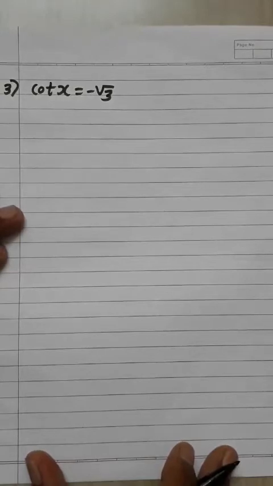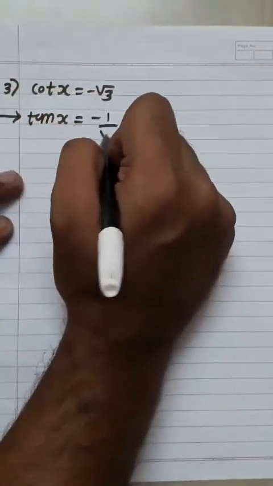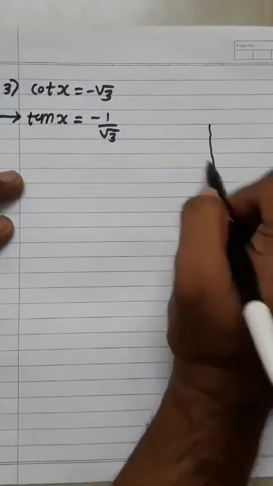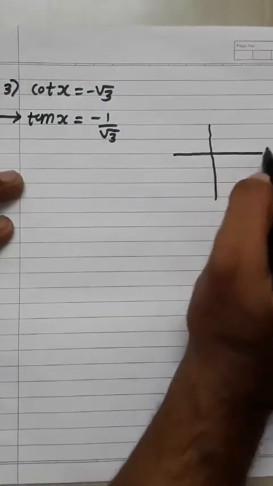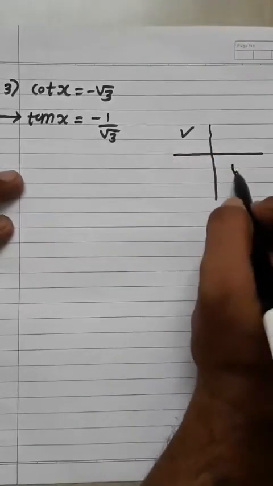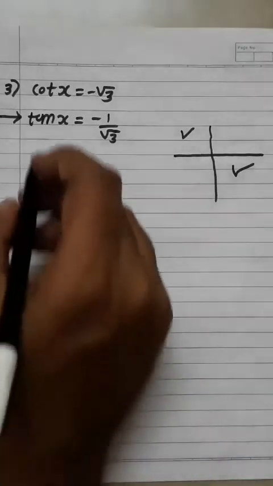So first of all, convert this into tan form. Our first step: tan x is equal to minus 1 upon under root 3. Now decide in which quadrants tan is negative. Tan is negative in the second and fourth quadrants.